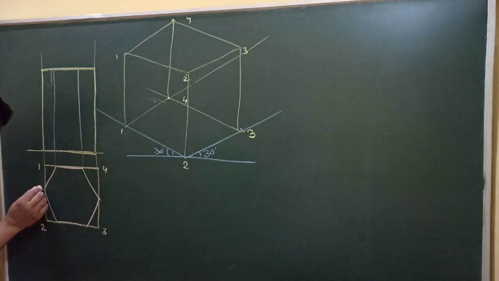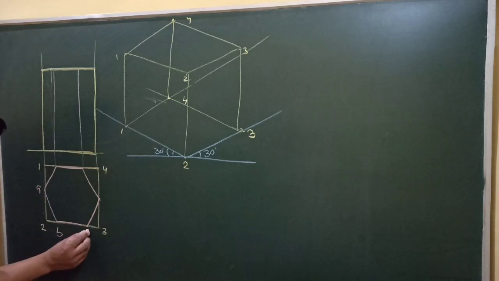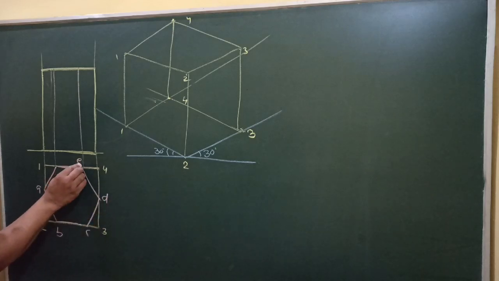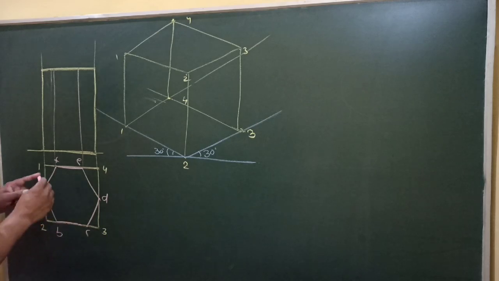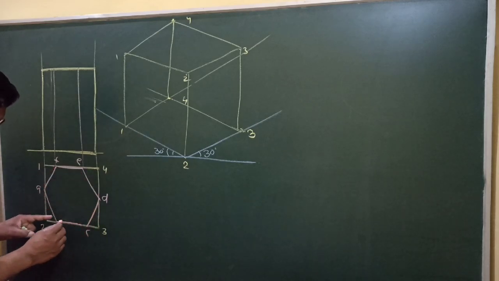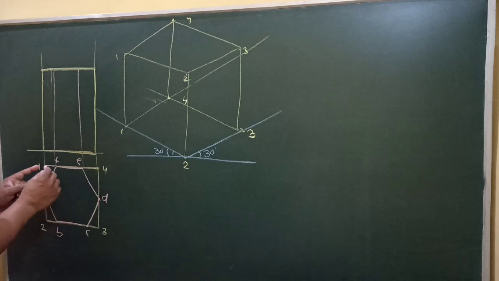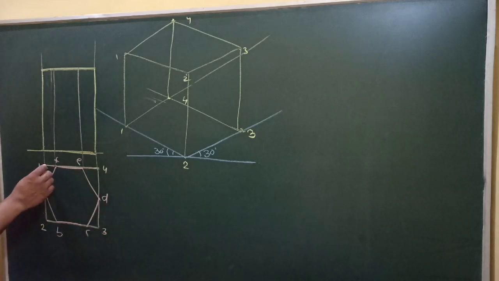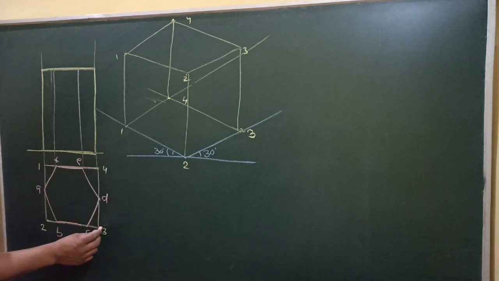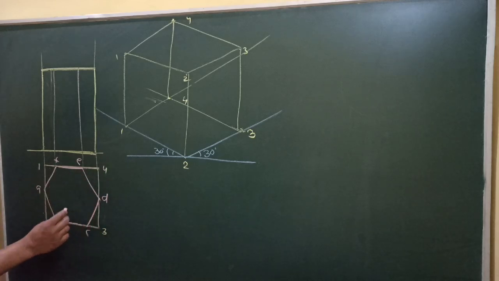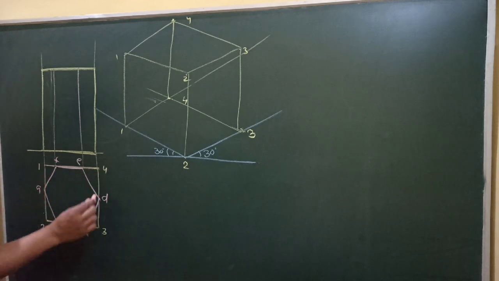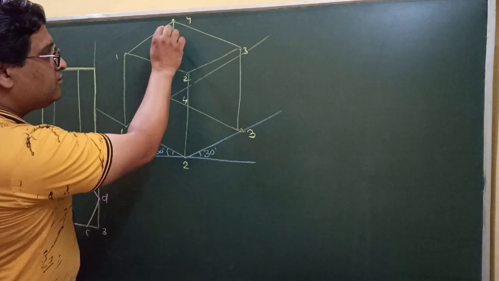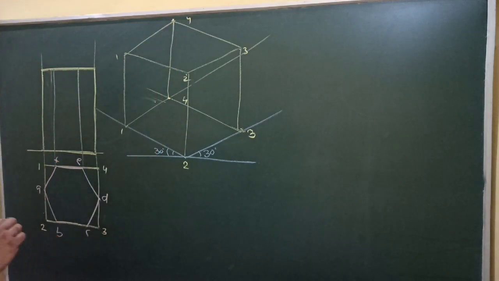Give them markings, say for example A, B, C, D, E and F. First you have to enclose this top view hexagon into a square or a rectangle like this, so that you are getting this yellow line. Enclose this hexagon into a square or rectangle, a 4-sided figure, give them marking 1, 2, 3, 4 and draw this complete diagram.